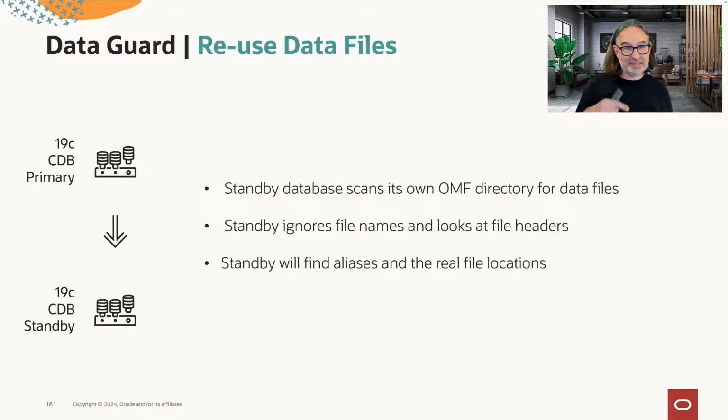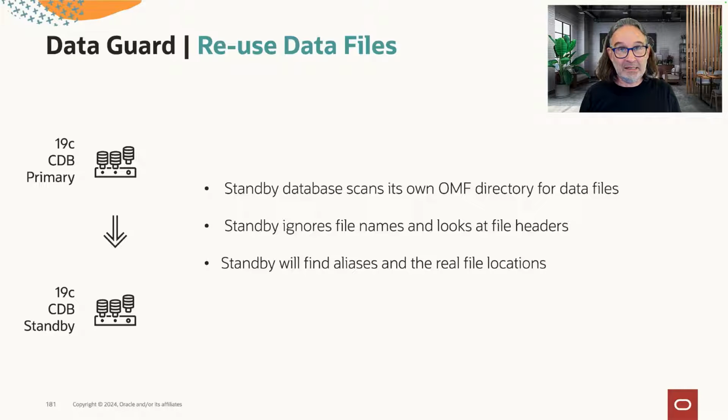So what happens now, if I plug in and these aliases are in place, and you create the aliases on the standby side, not on the primary side, because we want to plug in the standby files and we need to tell it the right directory. So the standby database scans now its own OMF directory for data files. It ignores the file names, even if you did a typo there, doesn't matter. It looks at the file headers and then it finds the aliases and the real file locations.